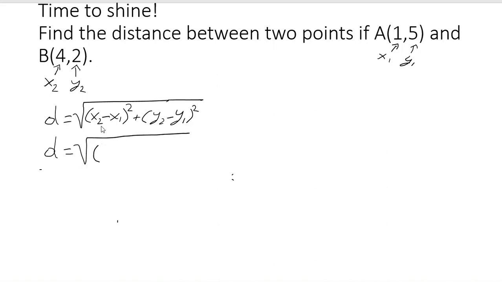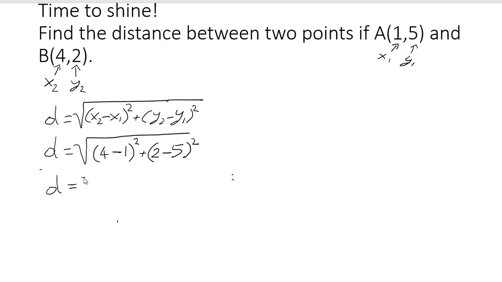Instead of x2, I'm going to use 4 minus x1, which is 1, so I'm going to use 1, square, plus y2 is 2 minus y1 is 5, square.